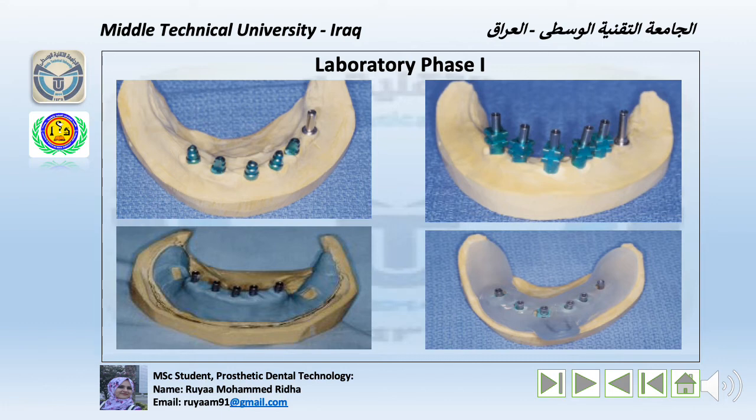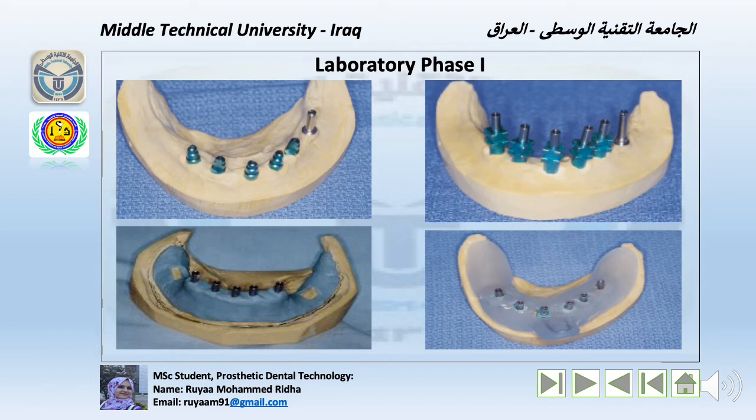The impression transfer copings are exposed about 3 millimeters to allow fixation of the screw, then the cast and wax are lightly lubricated with petroleum jelly to prevent the wax from attaching to the tray.